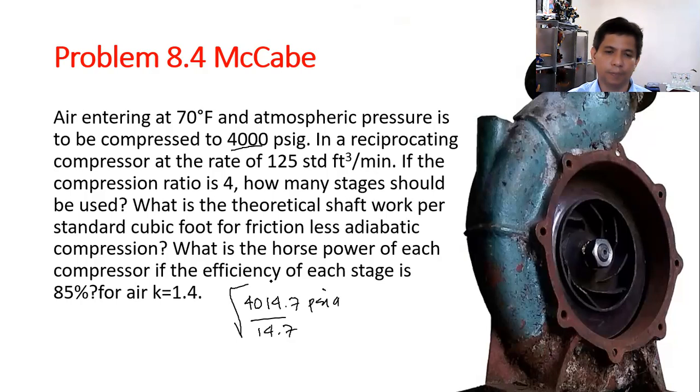So we just find the root x so that this will be equal to 4. That's how you answer this question. How many stages should be used? How many compressors in series? Parang ganun yun. So if you're going to use your calculator, you're going to get something like, so that would be to the n.